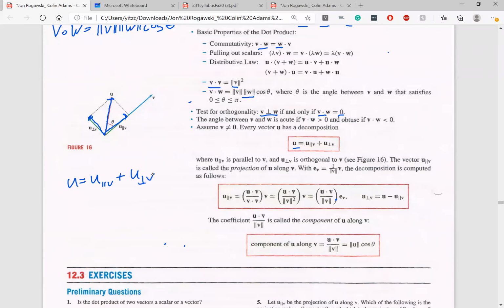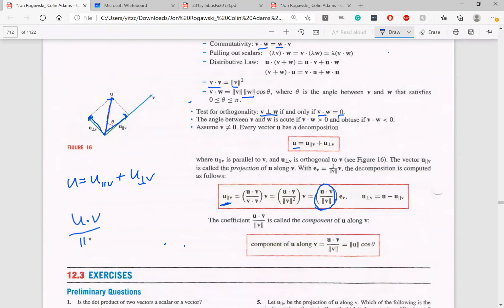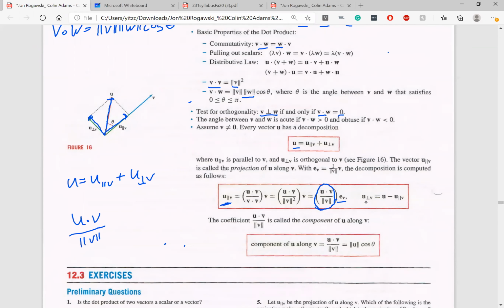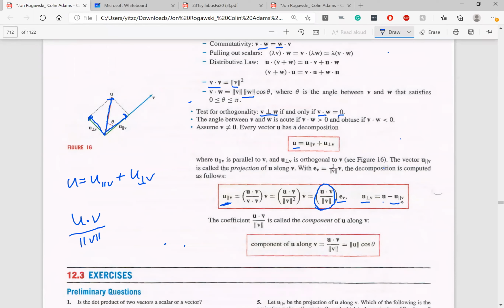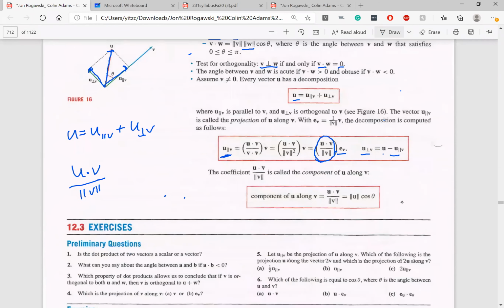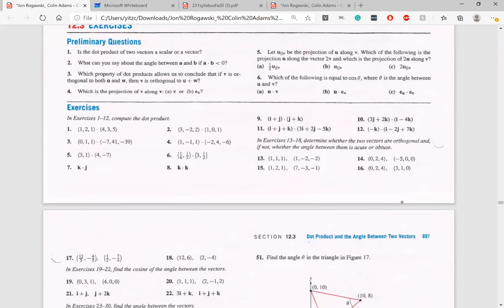Okay, and then the projection is just the component of the vector, which is u dotted with v over the magnitude of v, multiplied by the unit vector. And the orthogonal component is just u minus the projection. Okay, so let's continue with the cross product.